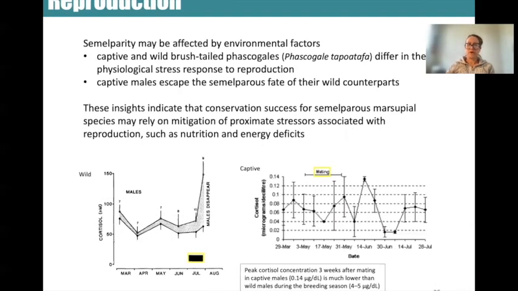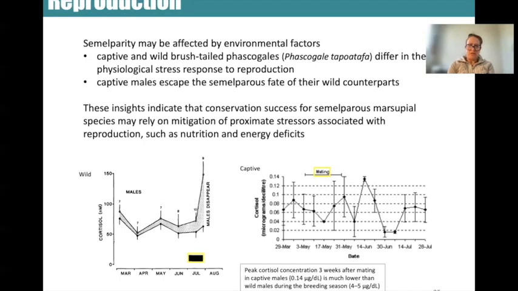It's been found that semelparity can be affected by environmental factors. Captive and wild brush-tailed phascogales differ in their physiological stress response to reproduction. Captive males seem to escape the semelparous fate of their wild counterparts.